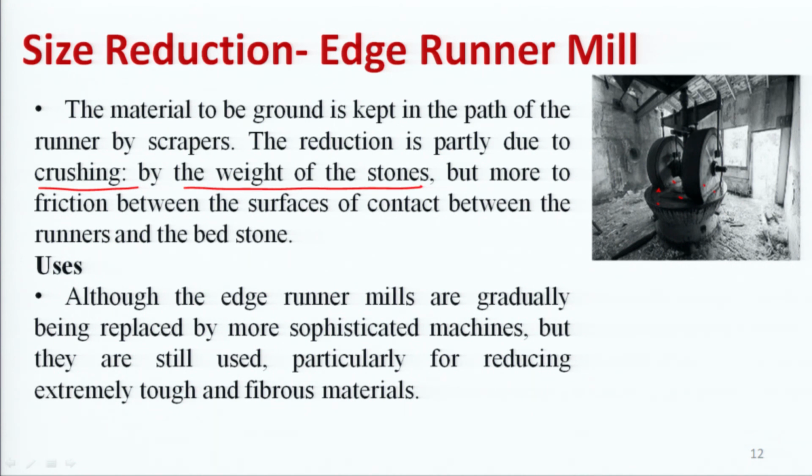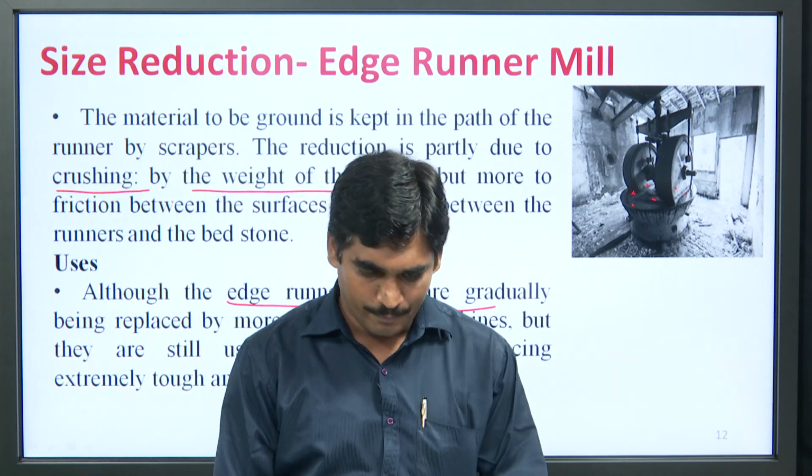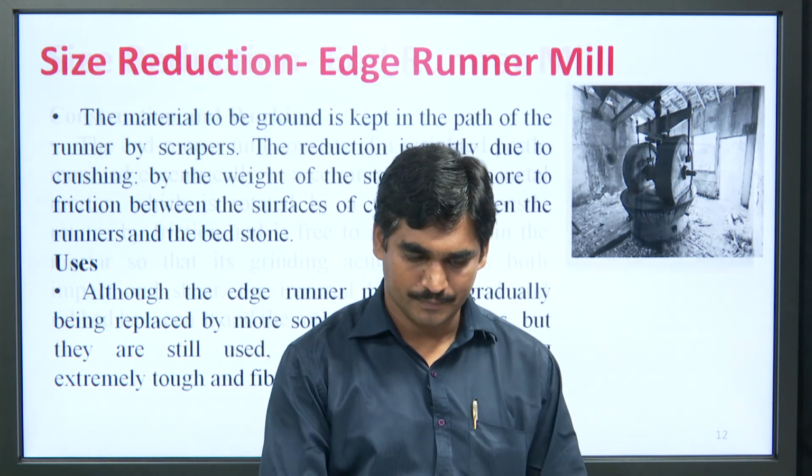But more so it is due to the friction between the surfaces of contact between the runners and bed stone. So, this is the working principle of the edge runner mill. These edge runner mills are gradually being replaced by more sophisticated machines for the size reduction process.